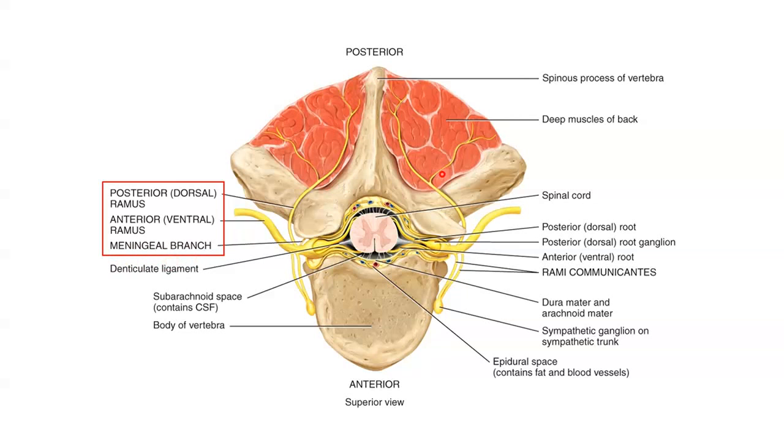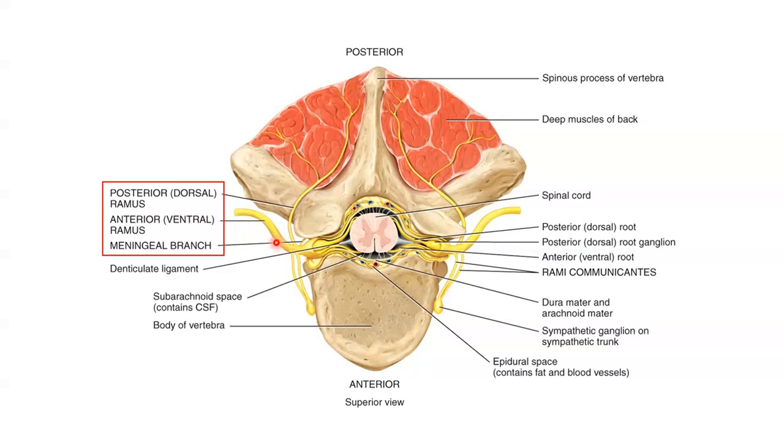So if we take a look at each of those structures, we have our spinal cord here, our posterior root, because remember our posterior root has our ganglion. Our anterior root is here. Where those two unite, just outside of that intervertebral foramen, is now our spinal nerve. We have our posterior ramus branching off here. So that's going to innervate our deep muscles and the skin on the posterior surface of the trunk.